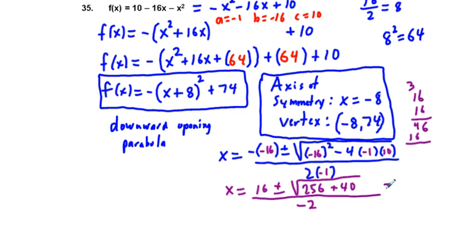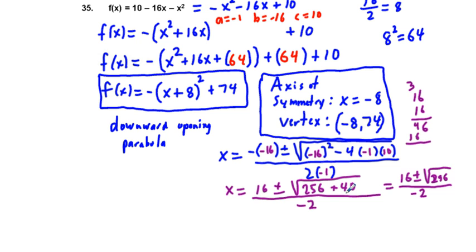So that's going to be 16 plus or minus the square root of 296 over negative 2.